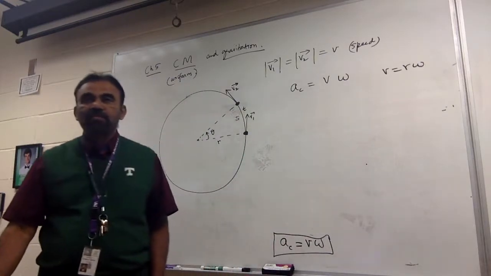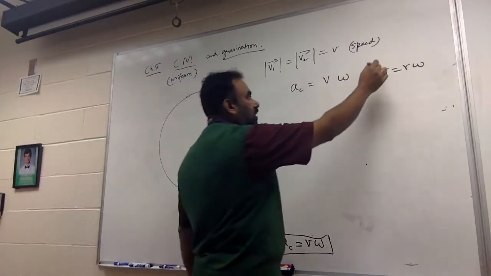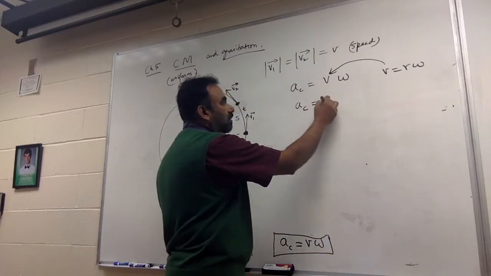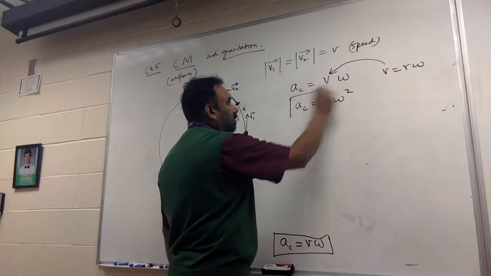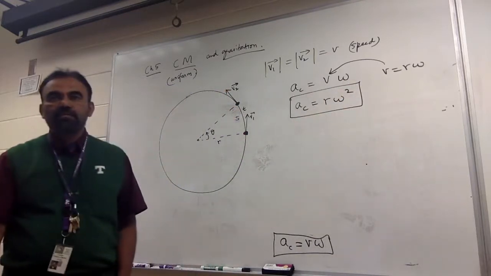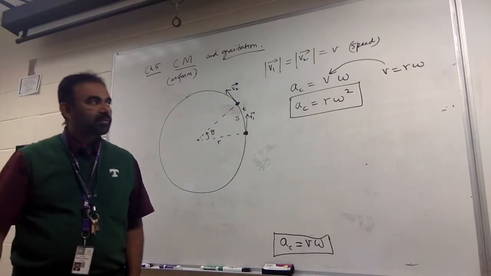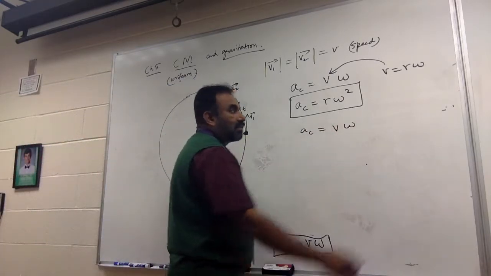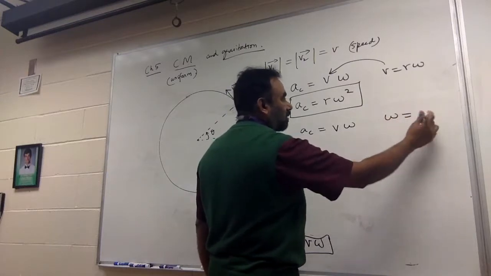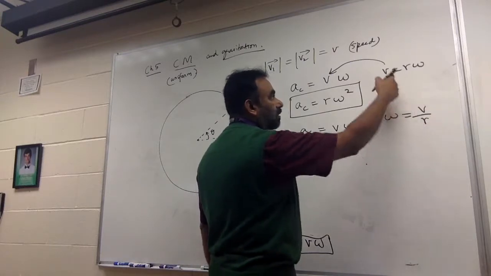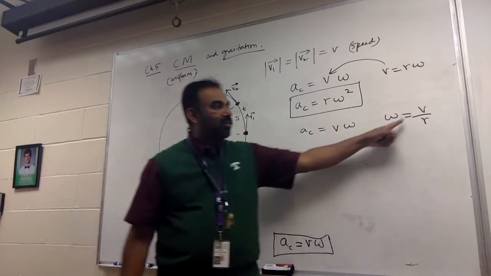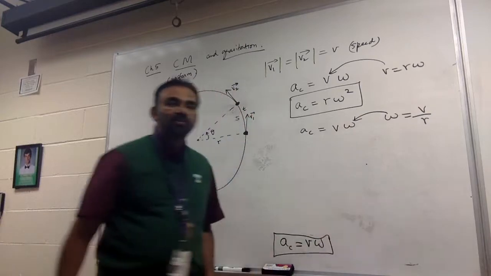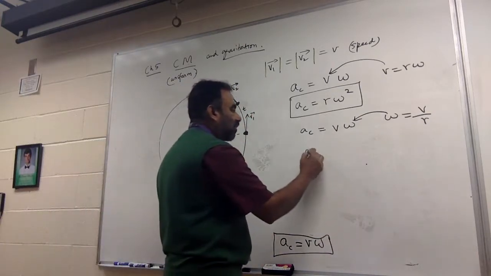Isn't v equal to r omega? Substitute this here. What do you have? R omega squared. Again, centripetal acceleration is v omega. But what is omega? Isn't omega v over r? Substitute it here. What do you have?